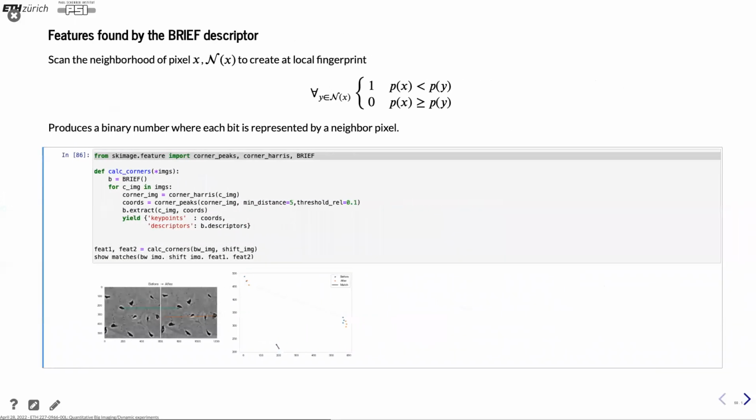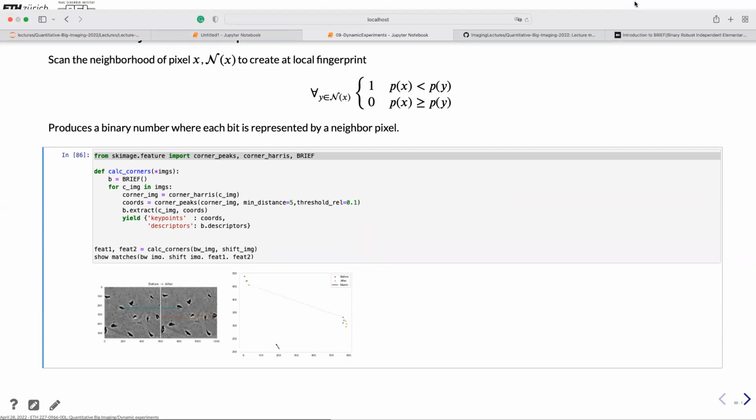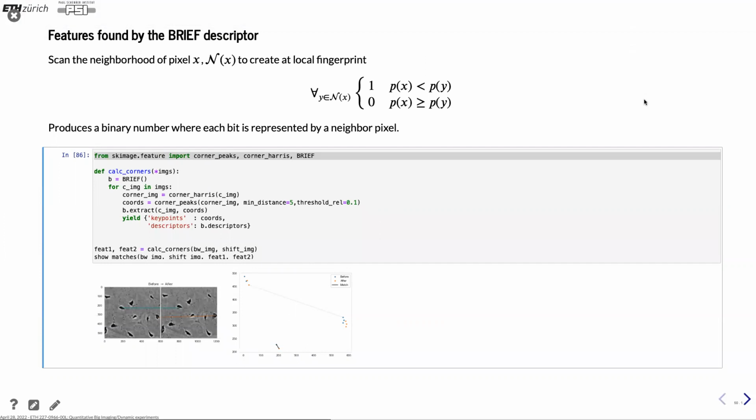From this data, what the BRIEF descriptor is doing is looking at the neighborhood of every pixel that we had identified as a peak. So the pixel X is the peak position of a Harris corner point.